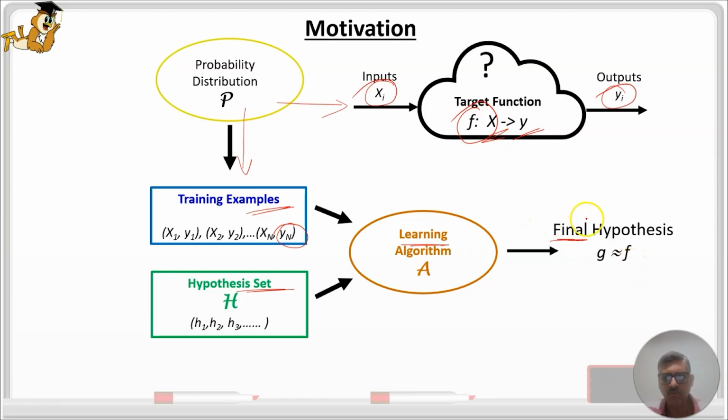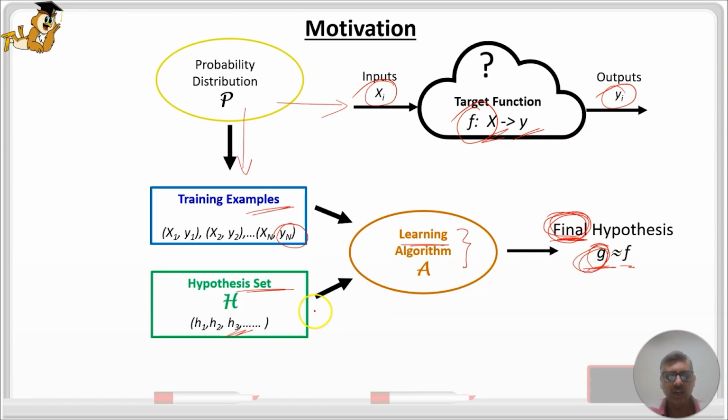Okay, so remember the word final hypothesis. We are using the word final hypothesis, indicated by the letter g, and the final hypothesis is the one that is determined by the learning algorithm to be the closest to the target function f out of this hypothesis set. So to recap, I want to spend a minute here. g is that h that is closest to f, and we are denoting it by a separate letter g.